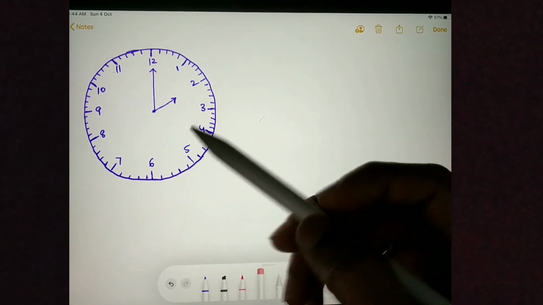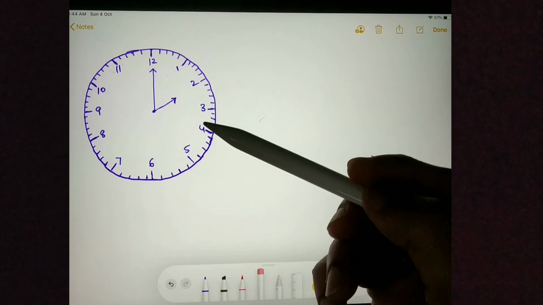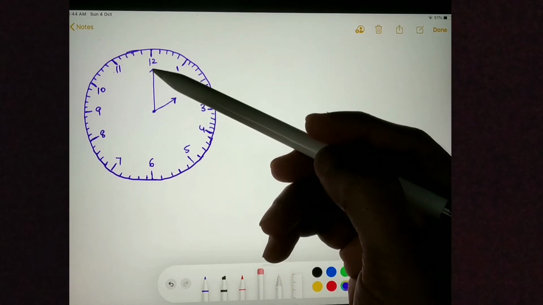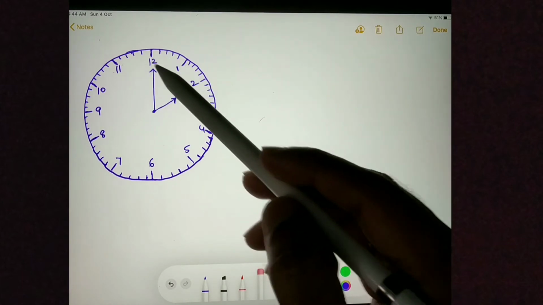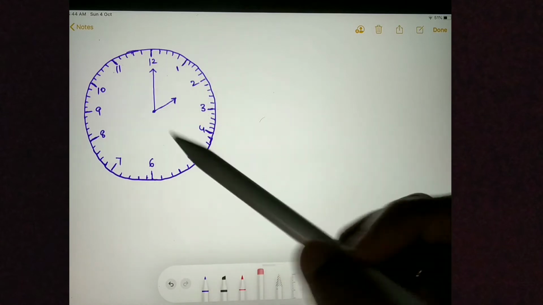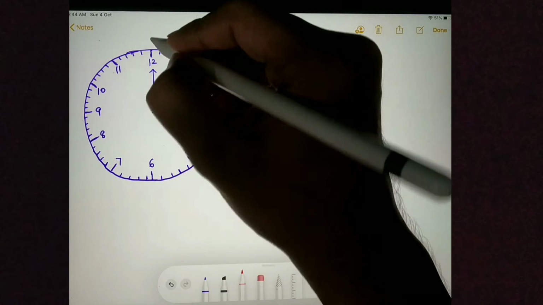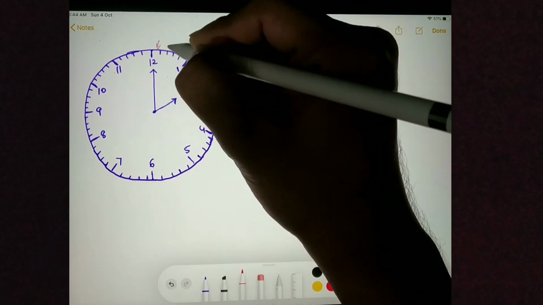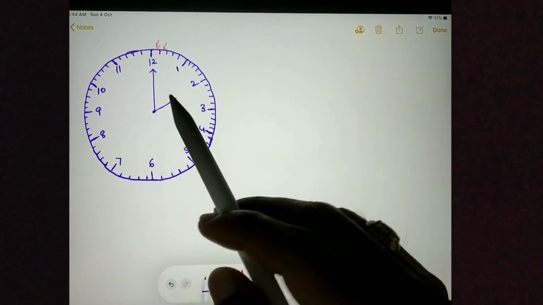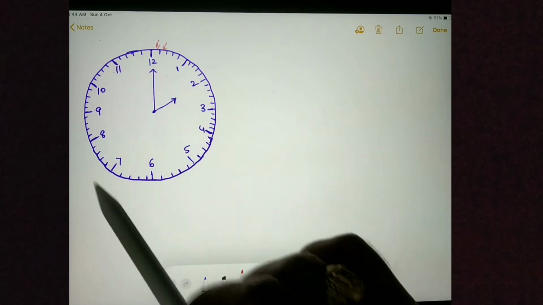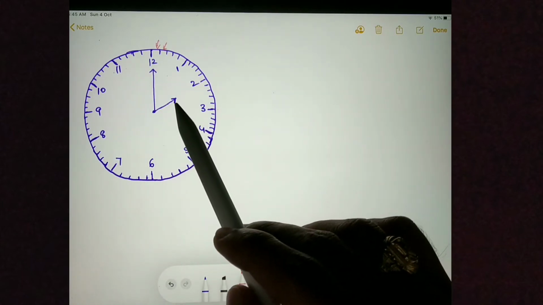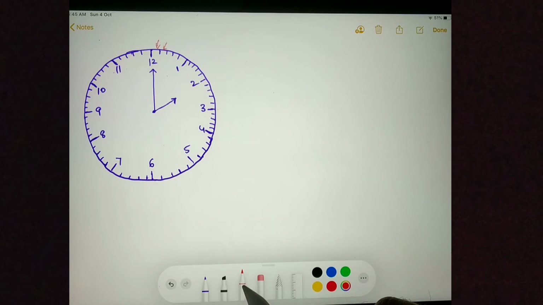And there is another concept called gain. We already know that the long hand takes 60 minutes to cover one rotation. In 60 minutes, the long hand is covering 60 minute spaces. When the long hand finishes one rotation, the short hand moves only 5 minute spaces, right?